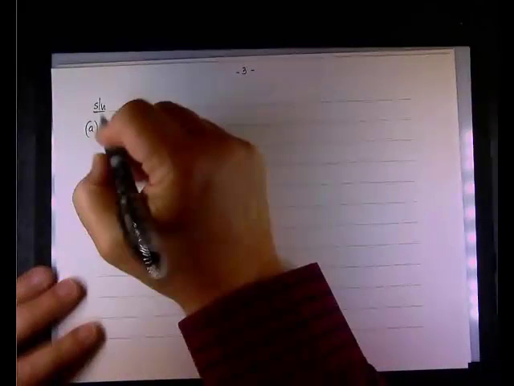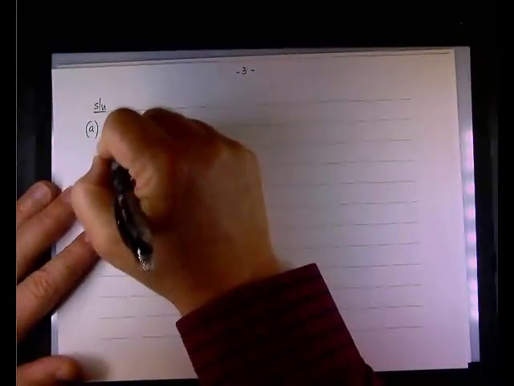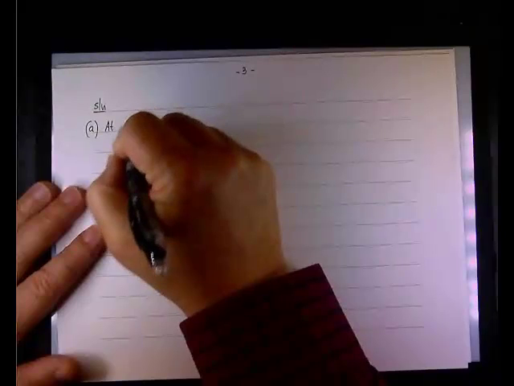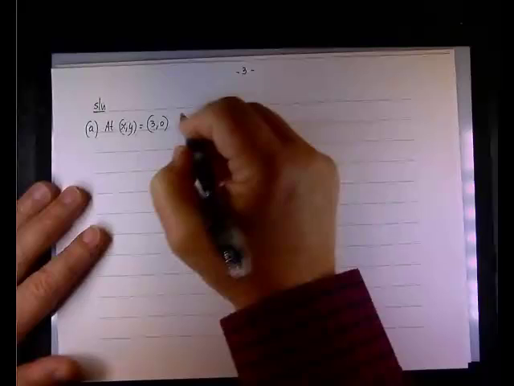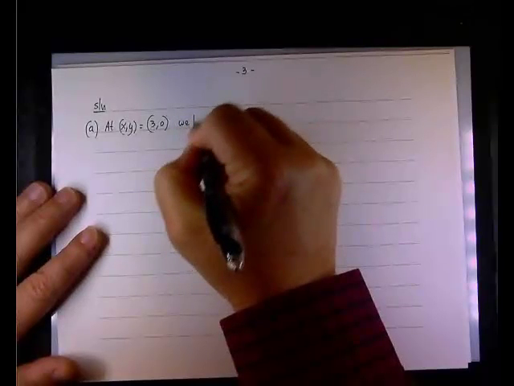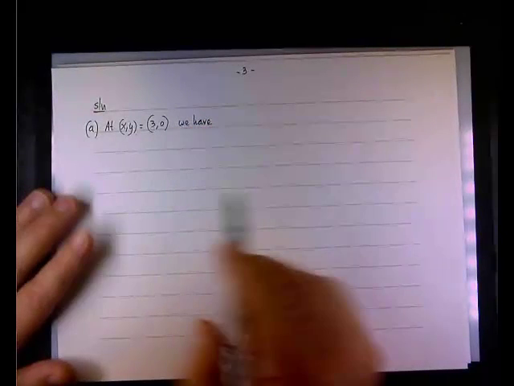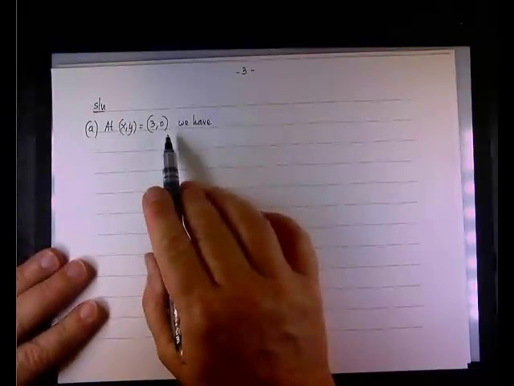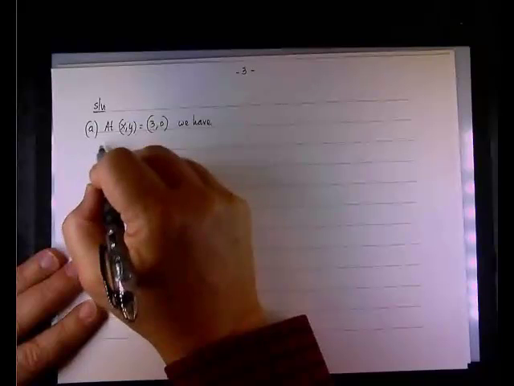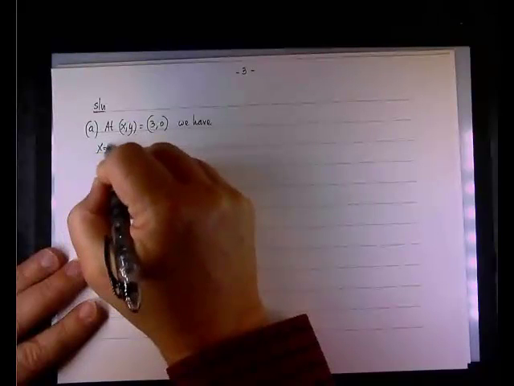So we're looking at the first part, where we need to show that at x equals 3, y equals 0, we have two tangents. The idea is to find the corresponding values of t.